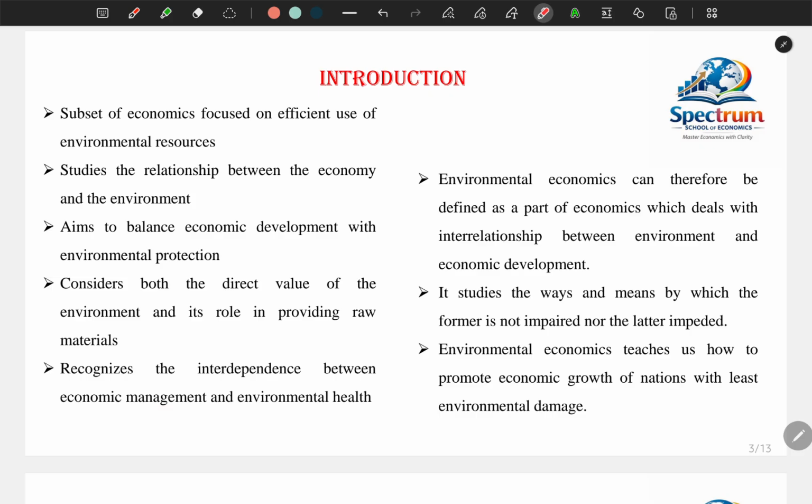Here, environmental economics can be defined as the part of economics which deals with the interrelationship between environment and economic development, which we already know. It gives importance to the ways and means by which the environment is not impaired nor later impeded. It also teaches how to promote economic growth of nations with the least environmental damage. This is very important.